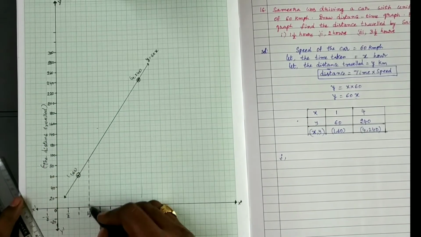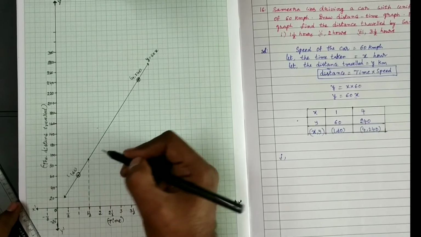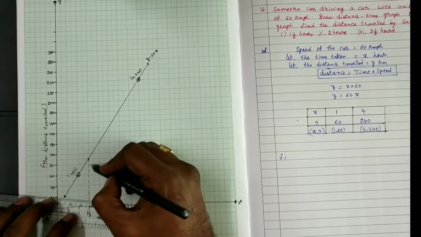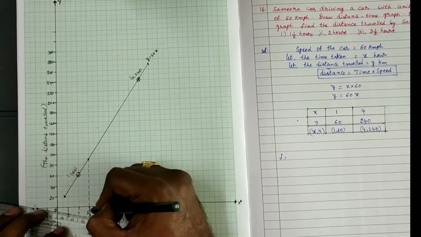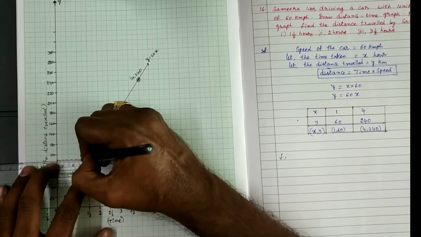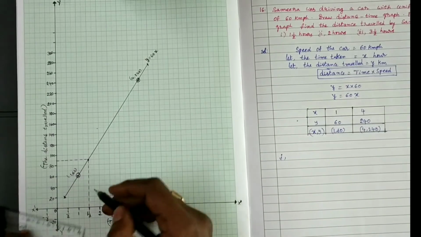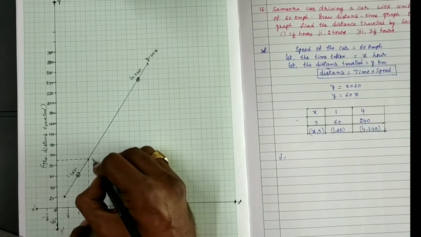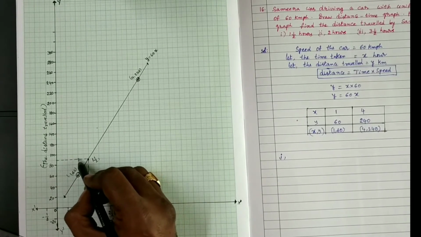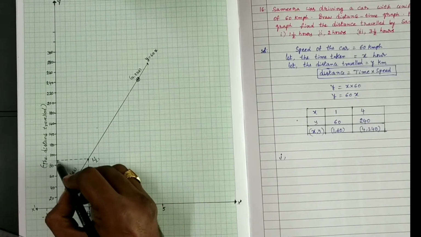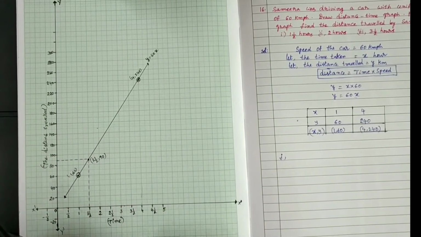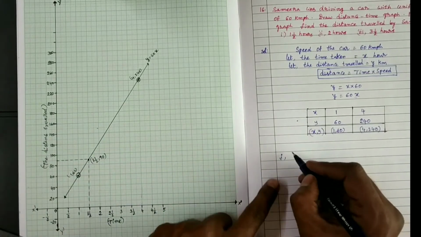From 1.5 they intersect here, and again draw a dotted line perpendicular to this dotted line at this point to the y-axis. So in 1.5 hours, the car traveled, this is 80, this is 90, 100. So in 1.5 hours, 90 kilometers traveled. So the first answer is 90 kilometers.